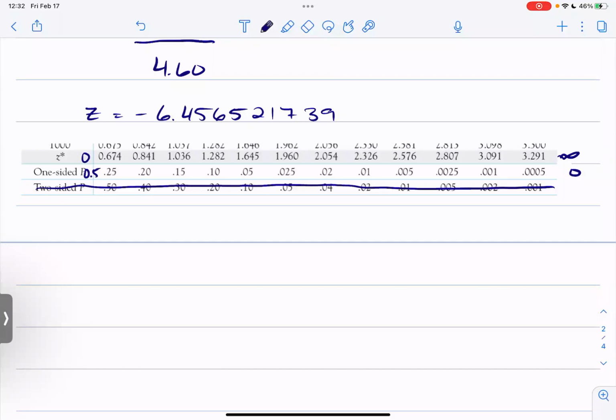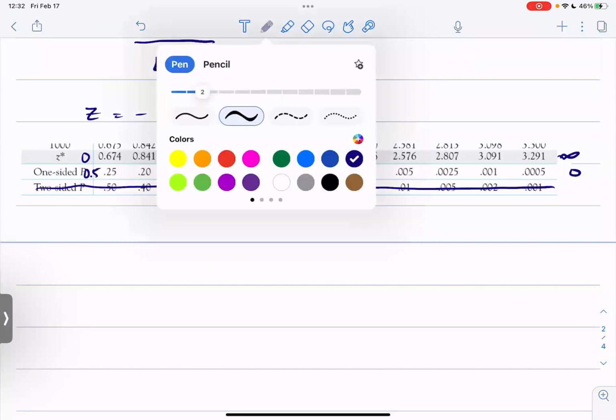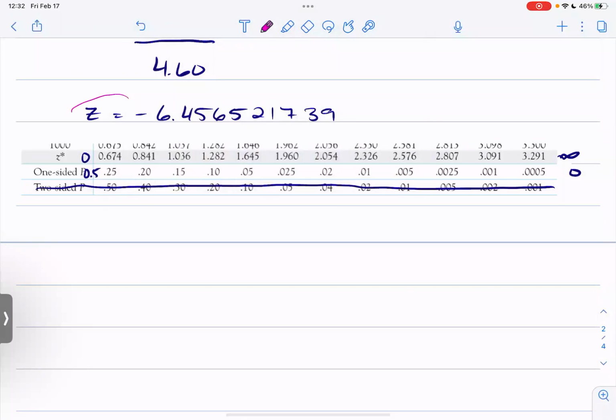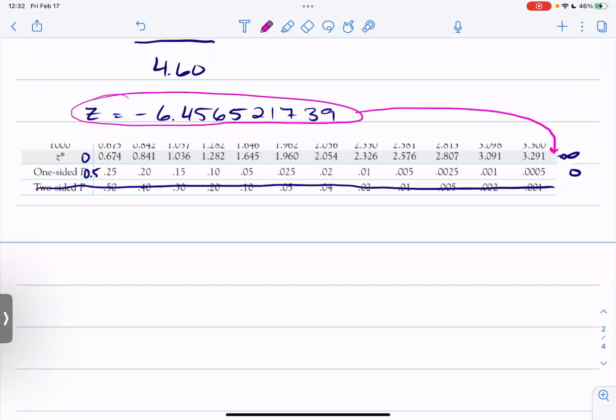Because now what happens? Well, our Z that we calculated would fall somewhere between 3.29 and infinity. Doesn't matter, it's somewhere in there. And really what we're doing is the absolute value of this, dropping the negative.